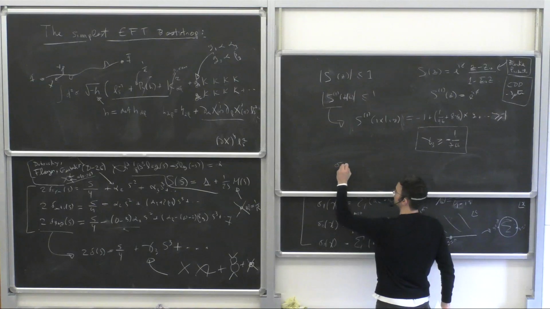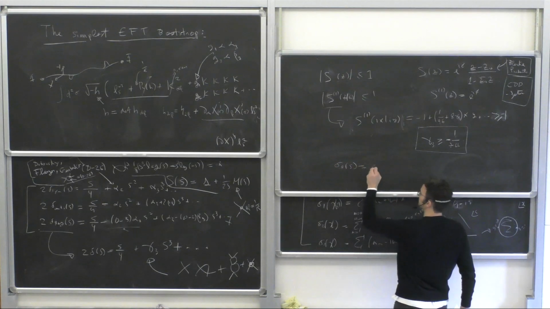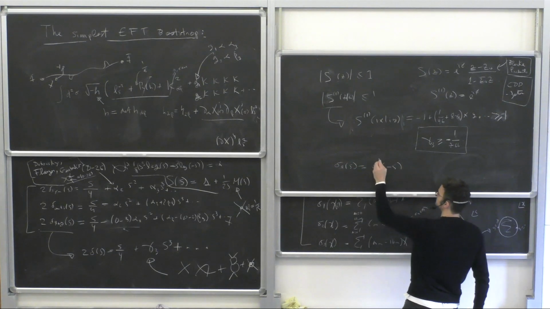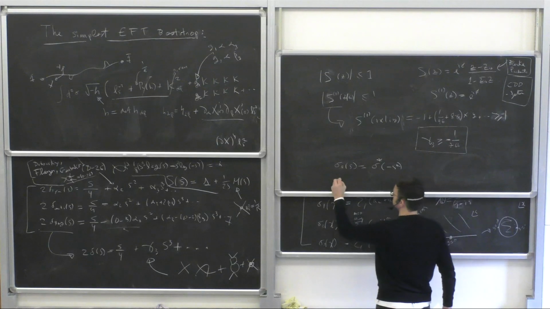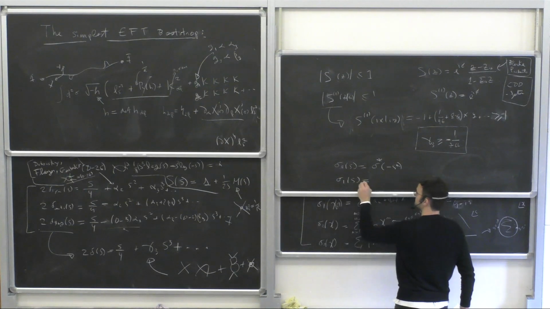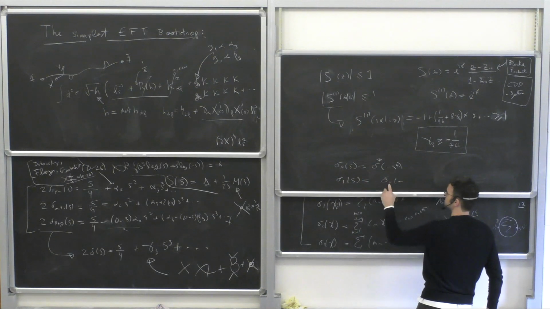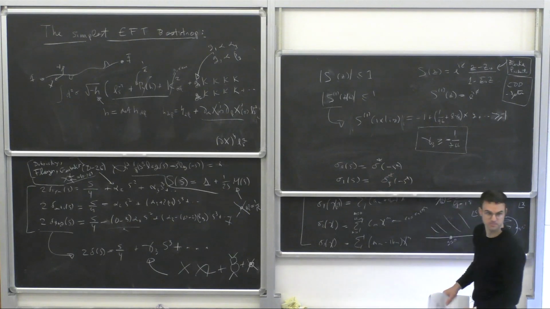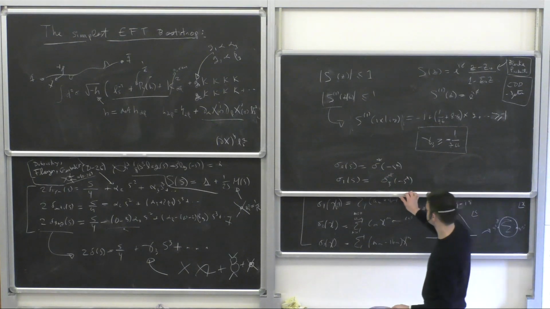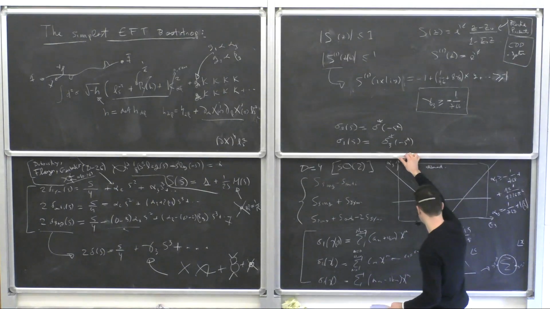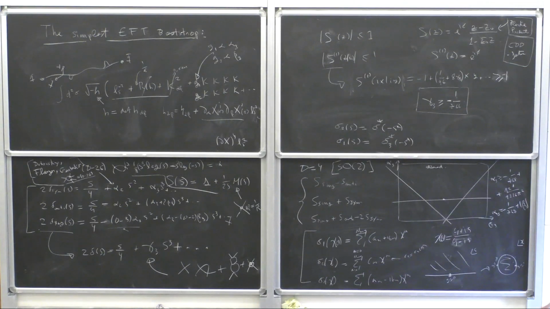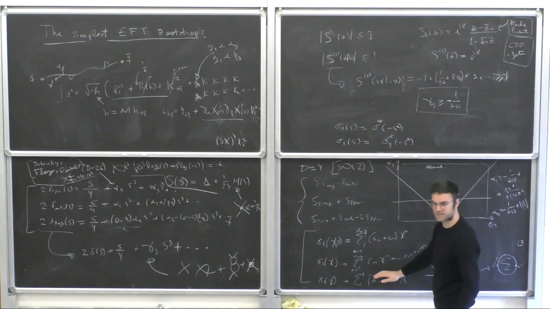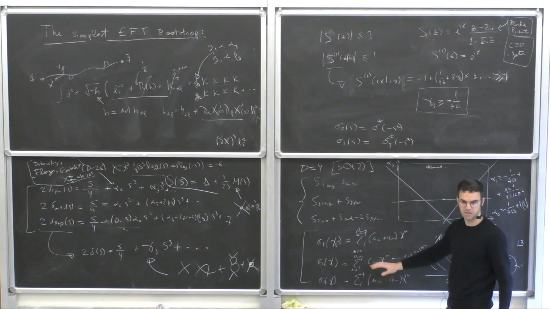I'm solving for crossing and for real analyticity, okay? All right? So, okay, we have solved two of the constraints, which were analyticity and crossing.